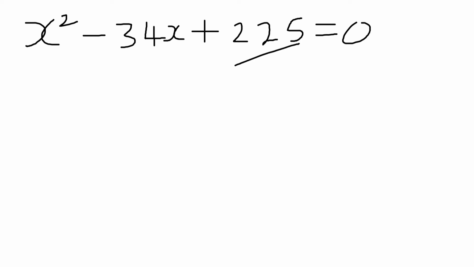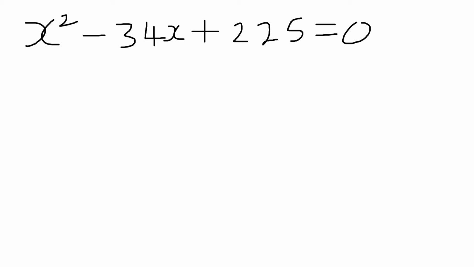Here is our product, because our product is 225 multiplied by the coefficient of x, which is 1. So it's still 225. And our sum is negative 34. So we are looking for two values that multiply to give our product and add to give our sum.